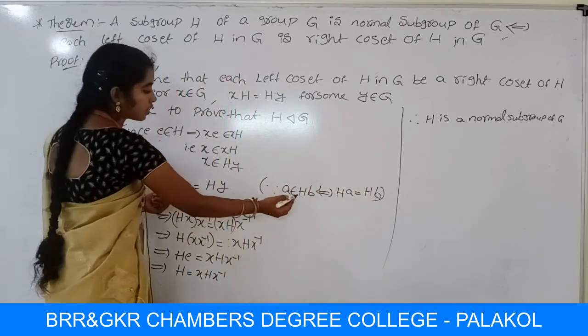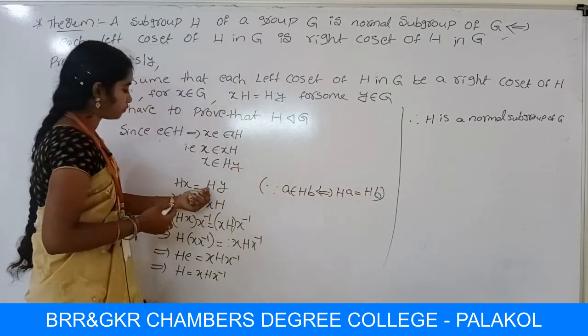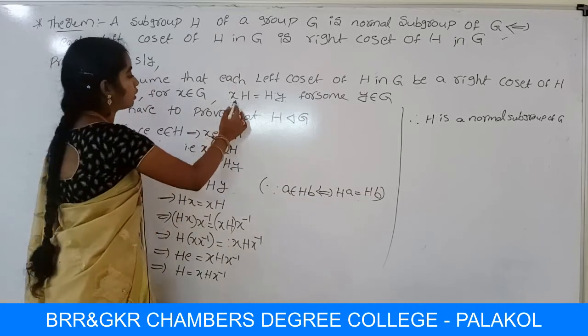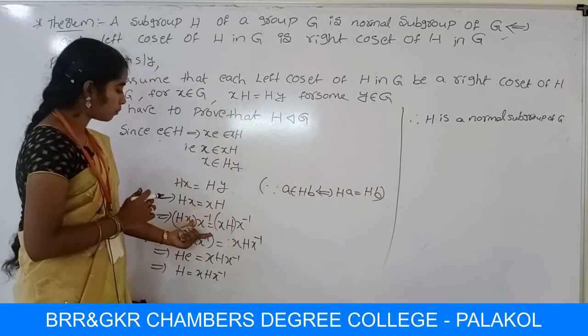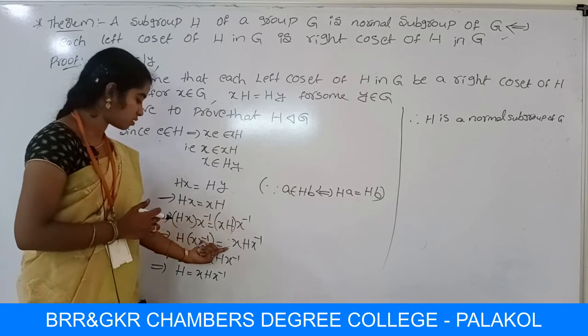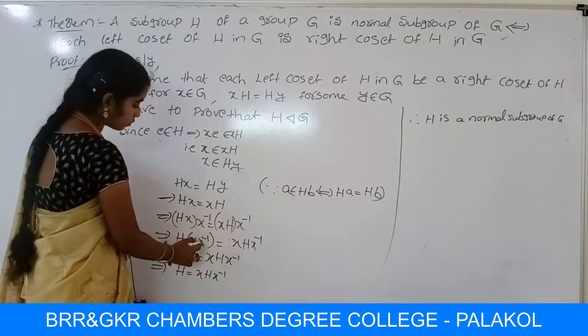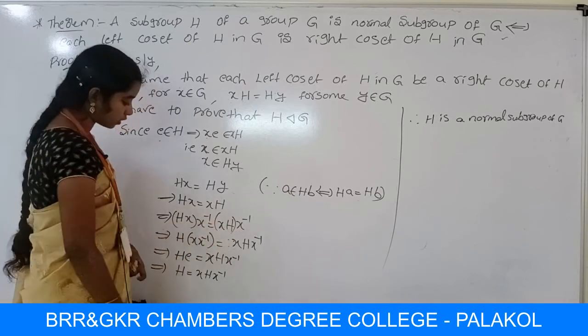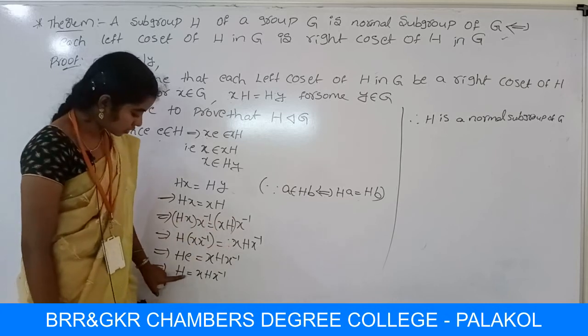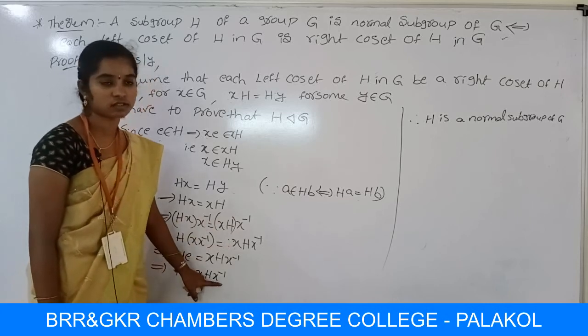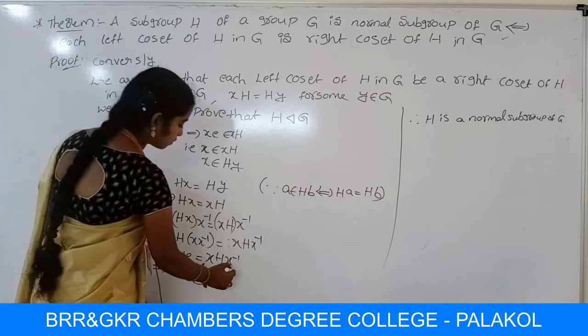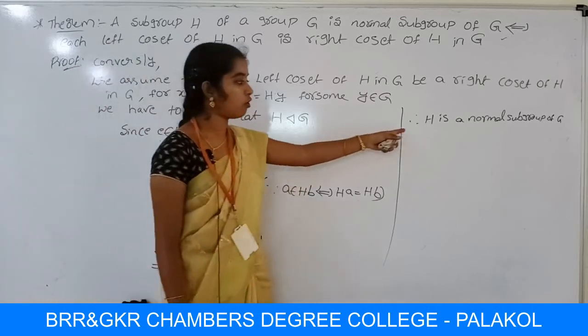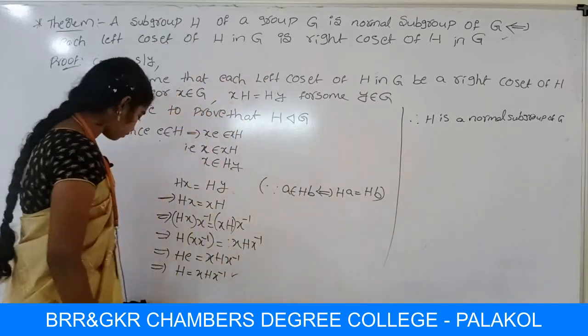So HX is equal to HY, and HY is XH. So multiply on both sides, right by X inverse. Changing the brackets, X into X inverse value is E. E is the identity element. So therefore H is equal to XHX inverse. So this means H is a normal subgroup of Z.